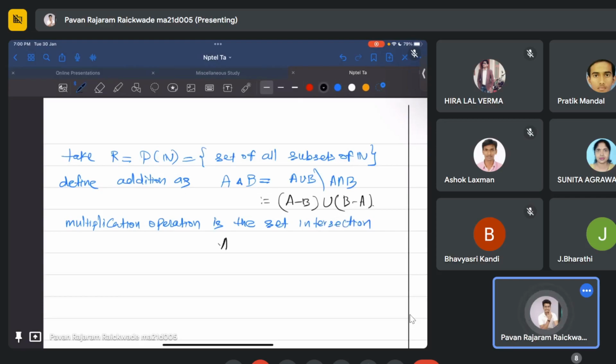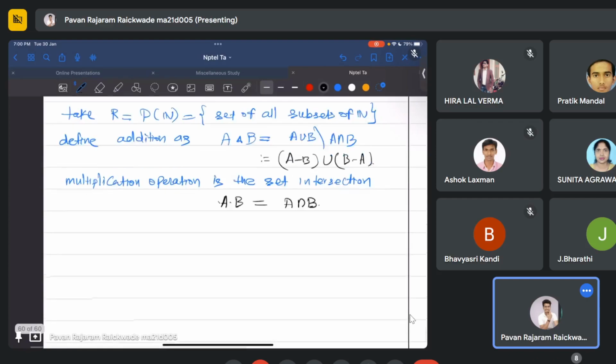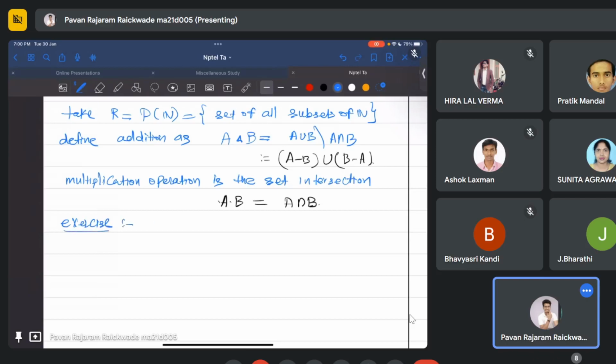That is, A dot B is simply A intersection B, right? So exercise: find the additive and multiplicative identity.